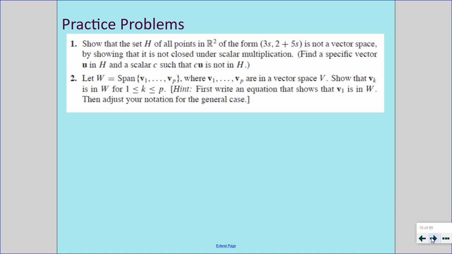Okay, we're going to do a couple practice problems. So the first thing says, show that the set H of all points in R2 in the form 3s comma 2 plus 5s is not a vector space, by showing that it is not closed under scalar multiplication.